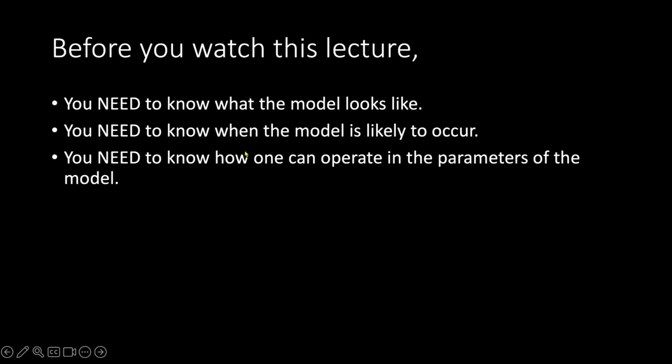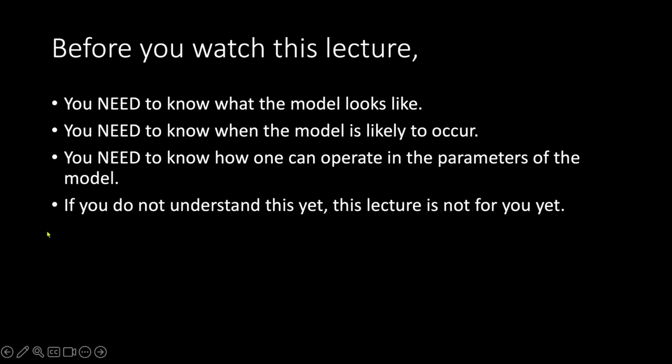You need to know how one can operate in the parameters of the model, meaning you need to understand the rules and how these rules could be utilized to determine whether or not the market is likely to deliver in a certain way. If you do not understand any of these three topics mentioned prior, this lecture is not for you yet. Please go through all of the lectures prior before watching this one.